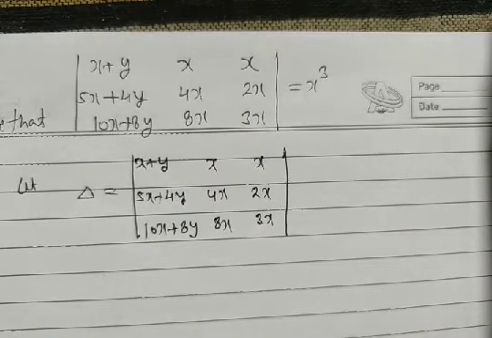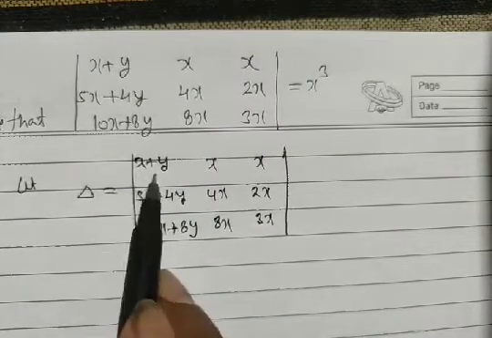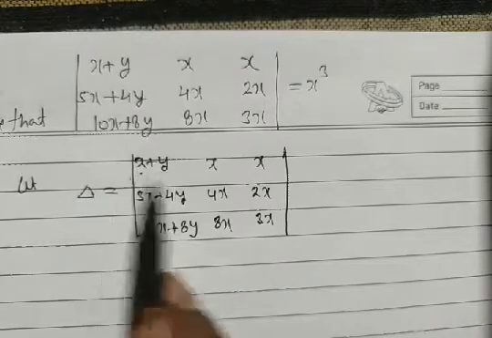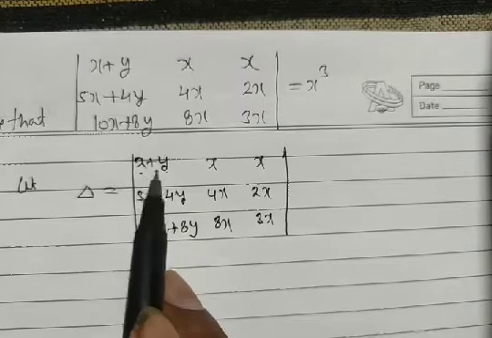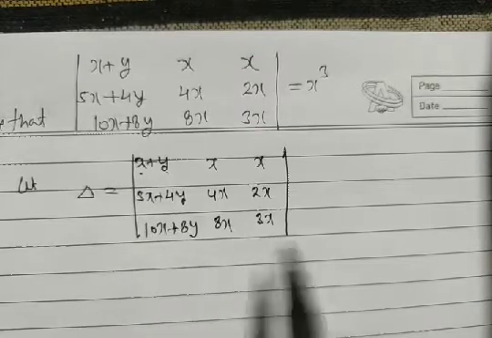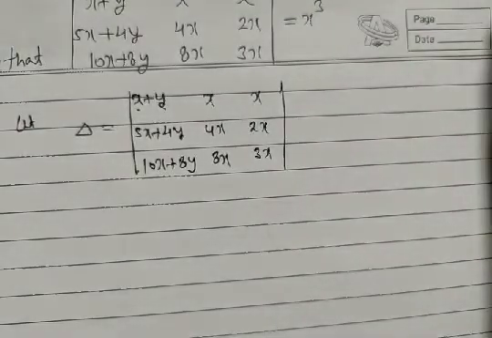Now see, our first row is the sum of two elements. Then we are going to use one of the properties. We are going to express the determinant as a sum of two determinants. We have already discussed this property of determinants in our earlier classes.